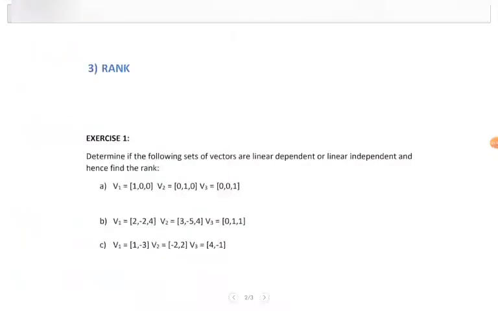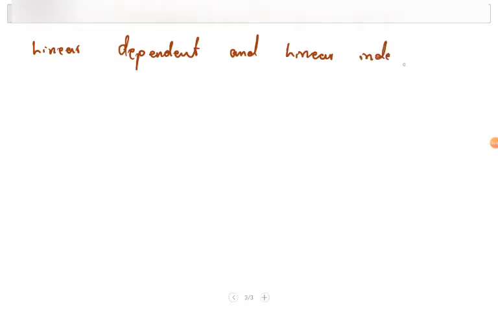I will write here linear dependent and linear independent. So the question is, when are you going to say that this system of vectors is linear independent or this system of vectors is linear dependent?